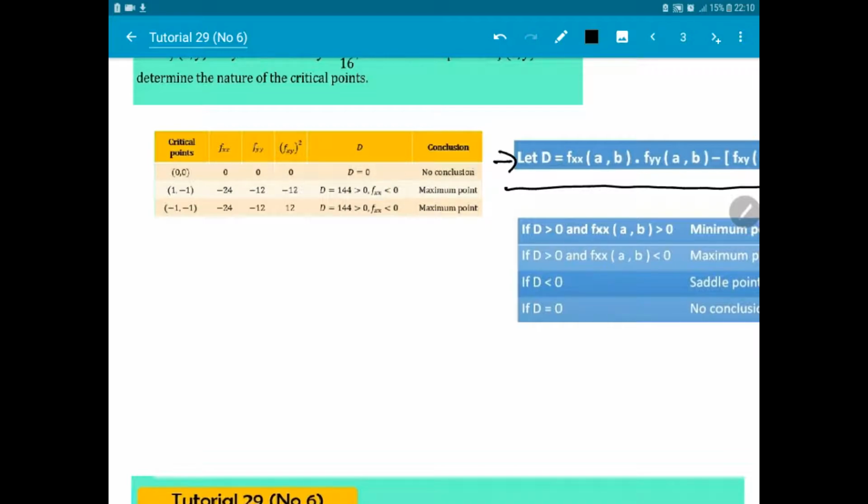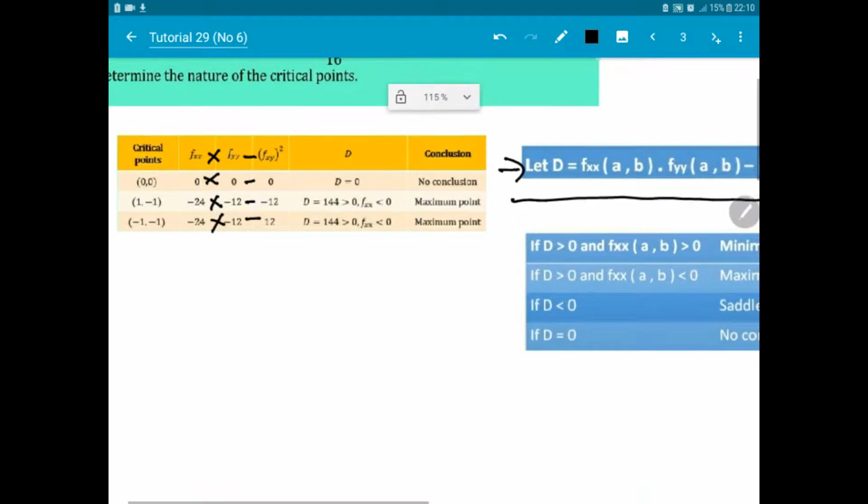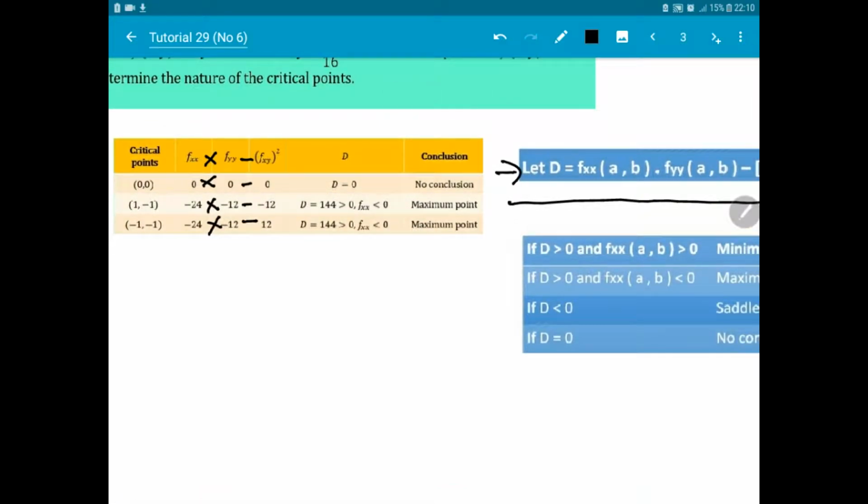So following this formula, we need to multiply this one and minus this one. So it will be like this. 0 minus 0 will be 0, and minus 0. So that's why d equals 0.